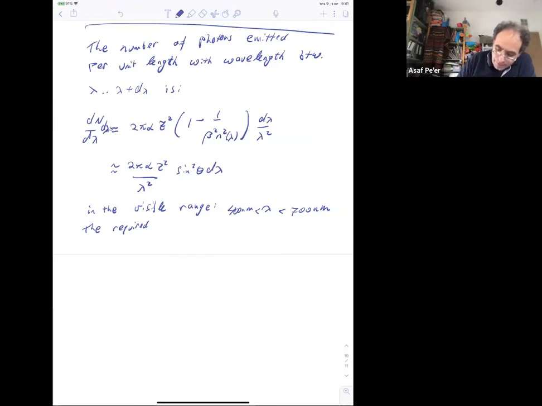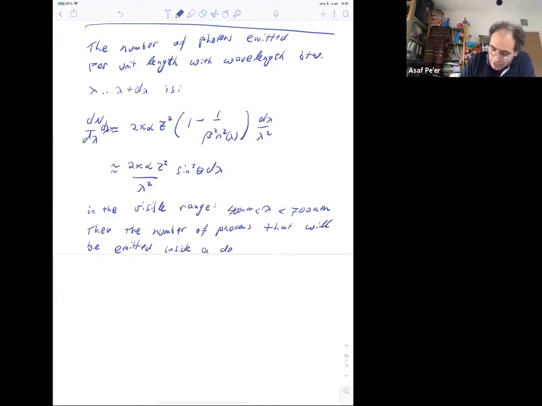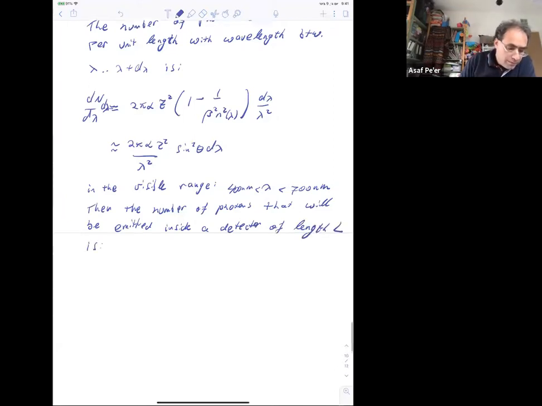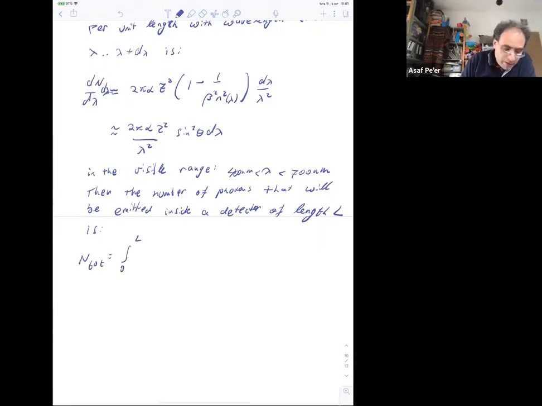Then the number of photons that will be emitted inside a detector of length L is just the integral from 0 to L dx, and then the integral from 400 nanometers to 700 nanometers d lambda dN over d lambda.